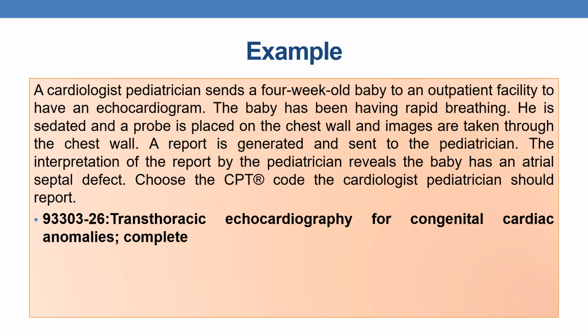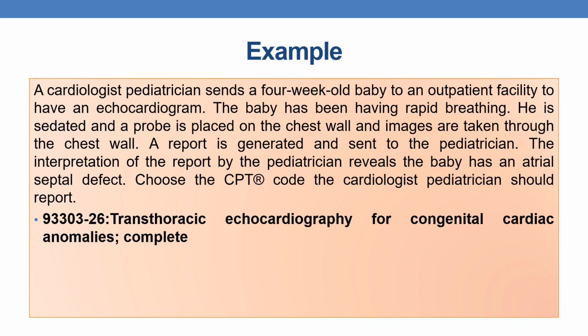Here the pediatrician cardiologist is performing an echocardiogram to evaluate the congenital cardiac anomalies. And a complete test is performed because probe was placed and images were taken through the chest wall and the report is generated. And one more important point is, whenever interpretation is performed separately, you need to use 26 modifier.